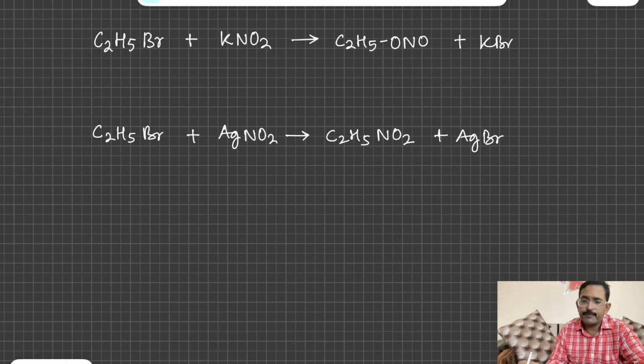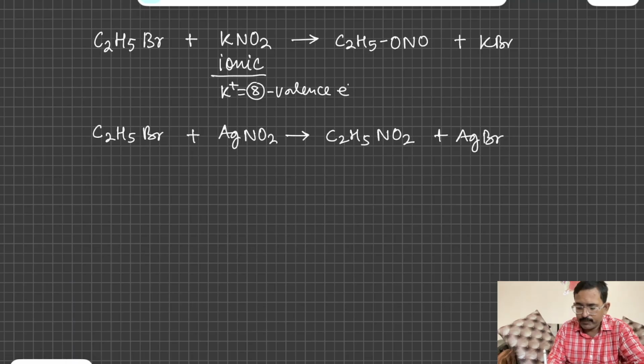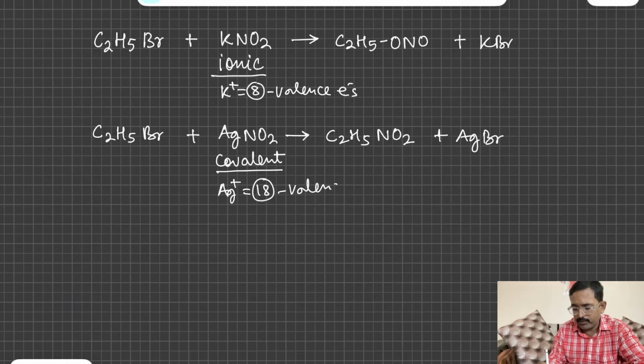The reason is the same. KNO2 is an ionic compound as per Fajan's rule because K plus has 8 valence electrons in the valence shell, and AgNO2 is covalent as Ag plus has 18 valence electrons as per Fajan's rule.